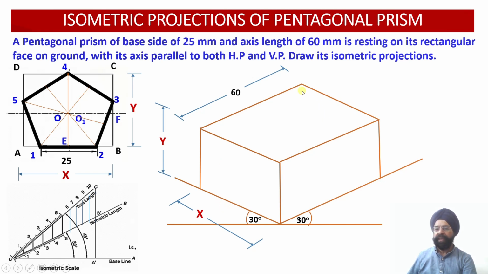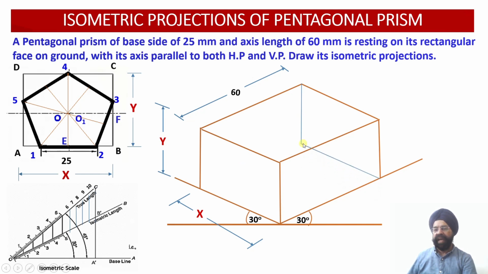Now we have to complete those edges also which are not visible, because we have to complete this pentagon construction. So again draw this distance equal to y, which will be parallel to this vertical edge, this vertical edge and this vertical edge. And the length of this vertical edge is again equal to y.